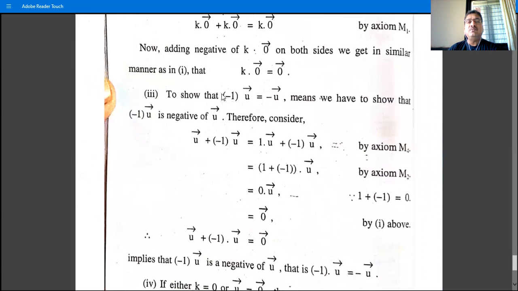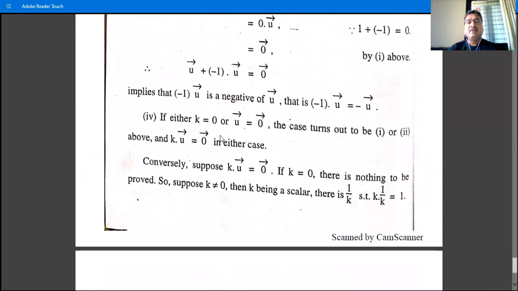If k is 0, then we have to show k into u bar is 0 bar. And if k is 0, then 0 into u bar is 0 bar by using 1. And if u bar is 0, then k into 0 bar is 0 bar by using case number 2. So if k is 0 or u bar is 0, then ku bar is 0.